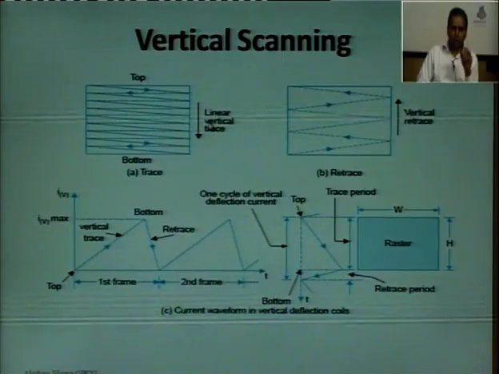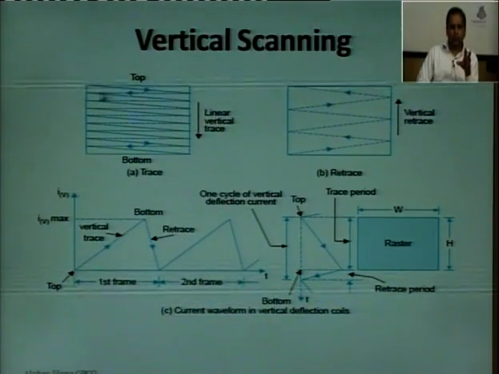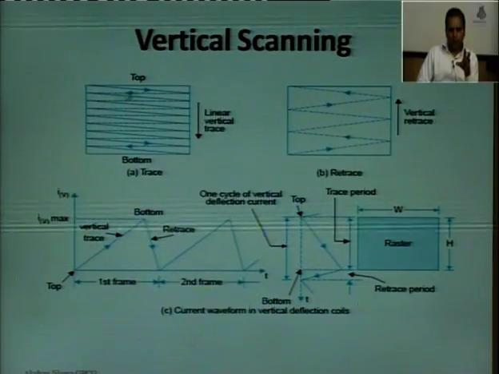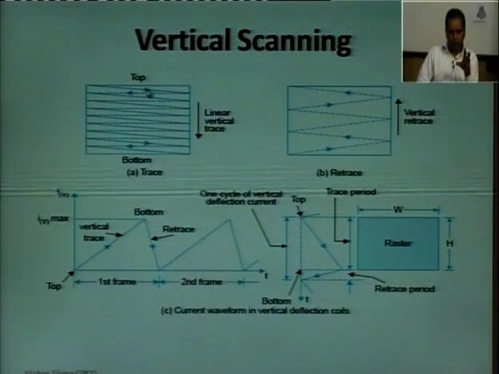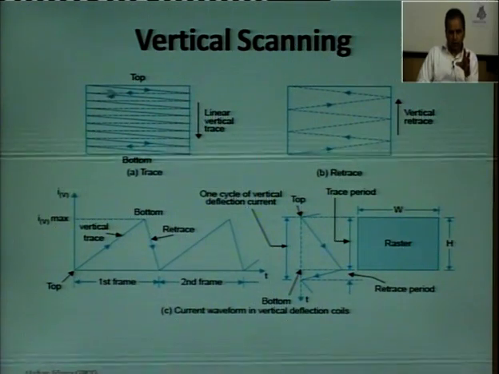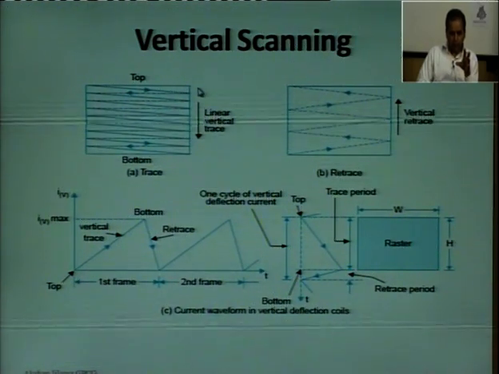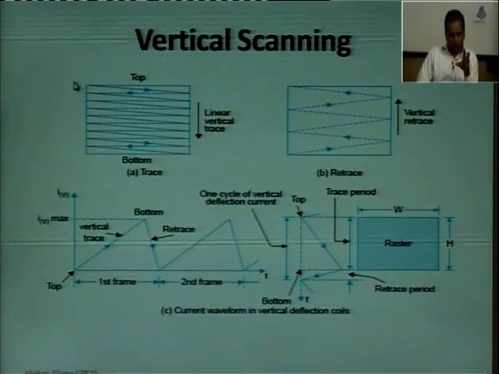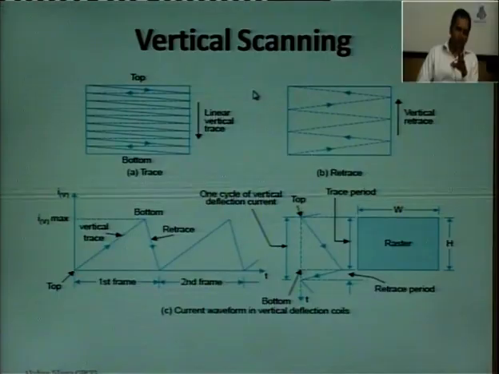So, under the effect of both these forces, the beam spot moves from left to right, but at some angle, as seen here, because it is under the effect of the force exerted from top to bottom and the force exerted from left to right. Here we are concerned with vertical scanning only.